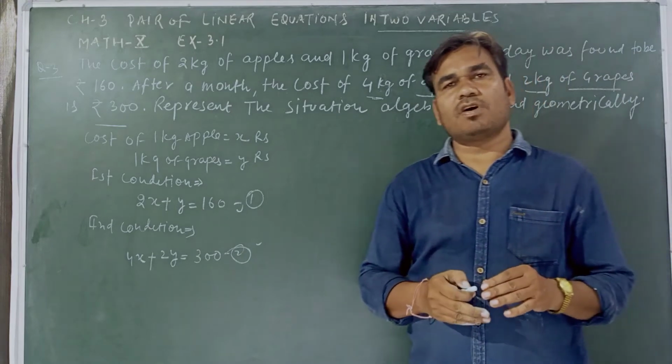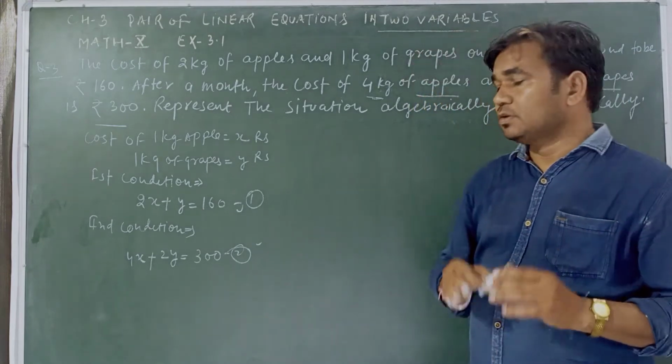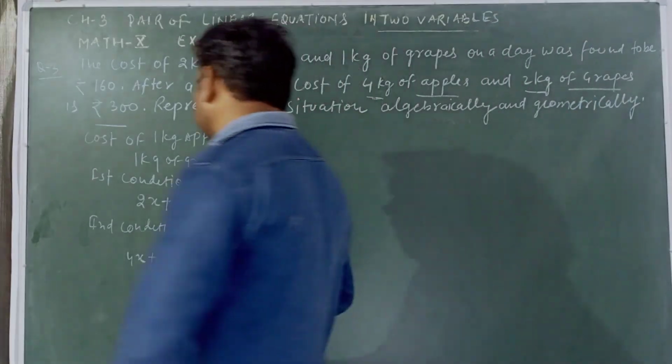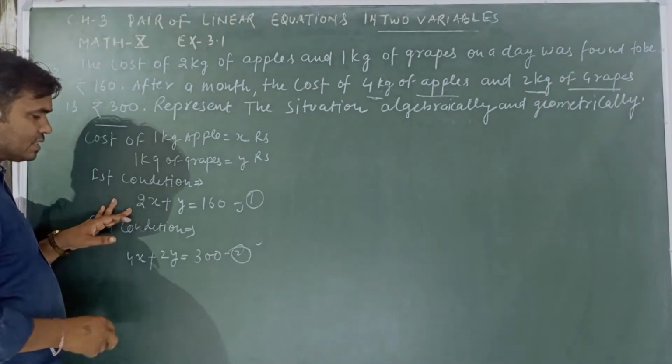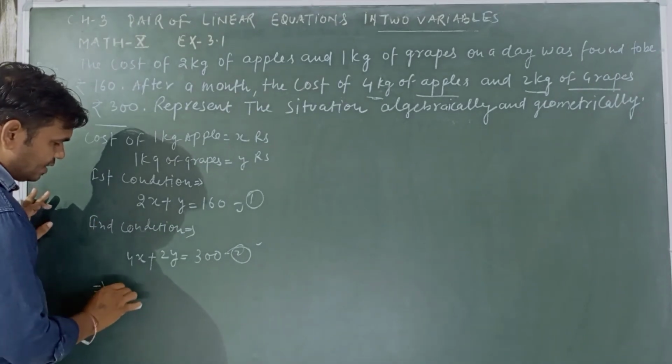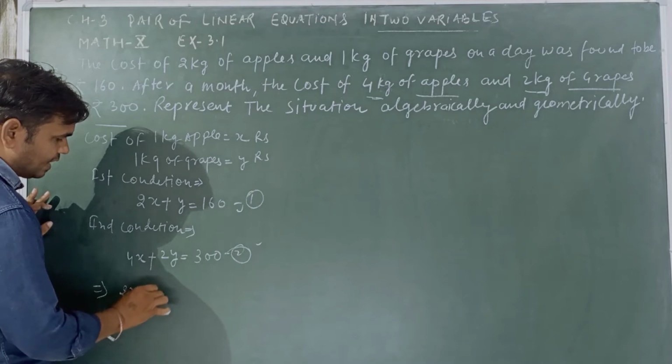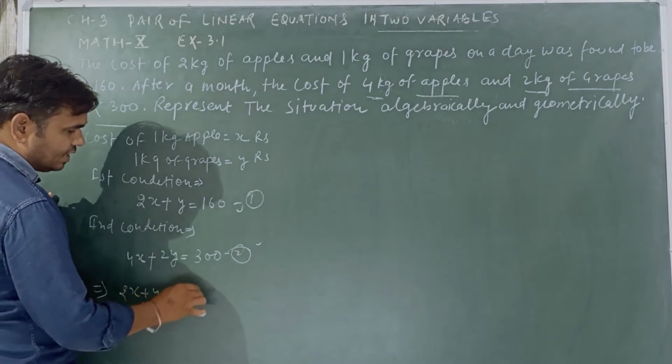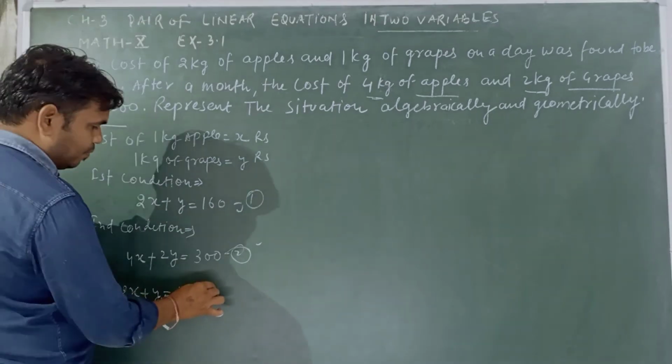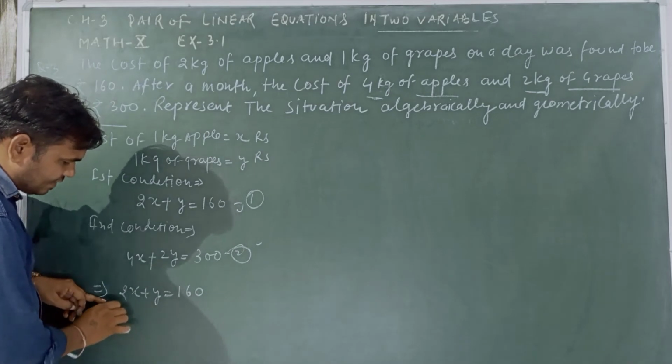Now we discuss the geometrical form. For the first condition, 2x plus y equal to 160, we put values of x and y.